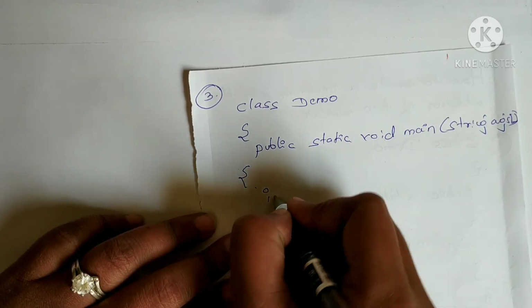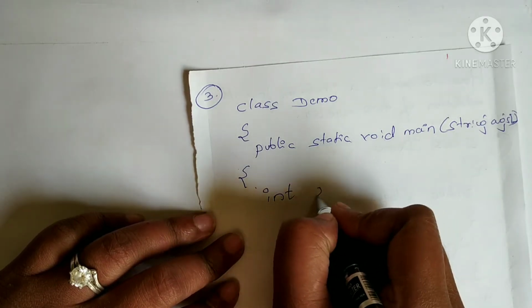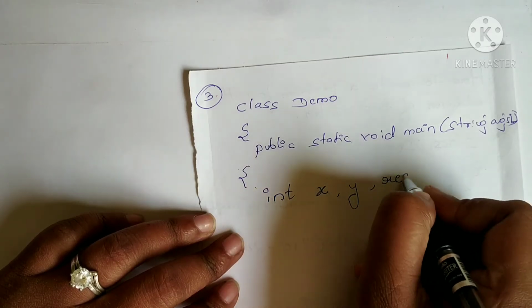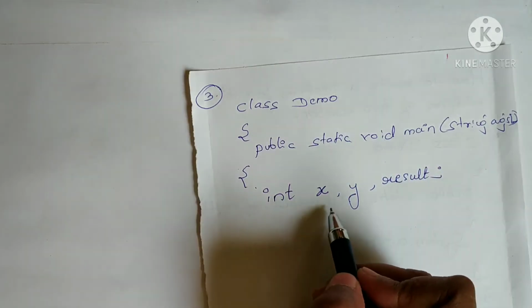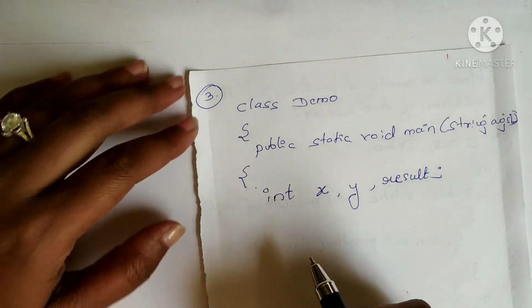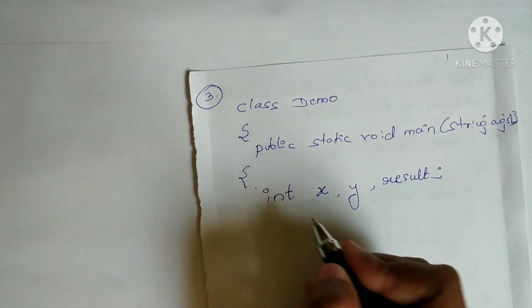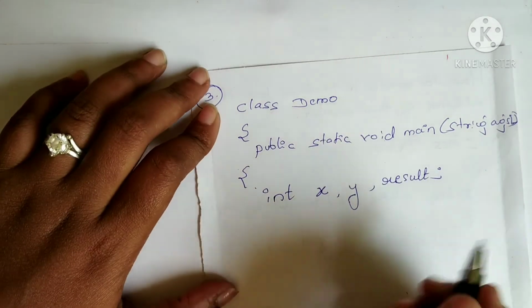Again we use variables x, y, result. We can take three variables here. You may take any names to declare a variable. Here I take int x, y and result.